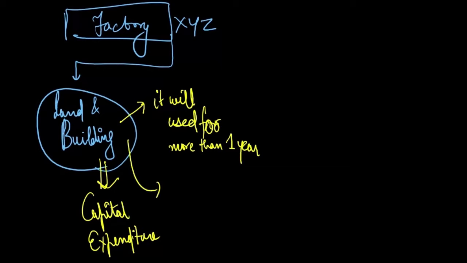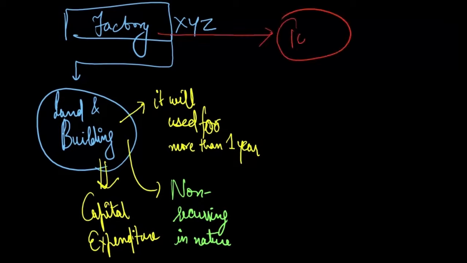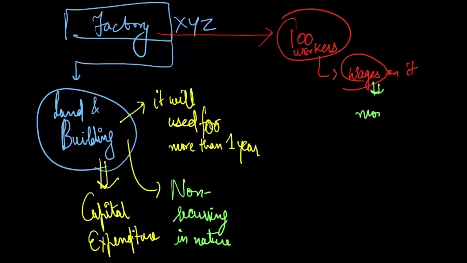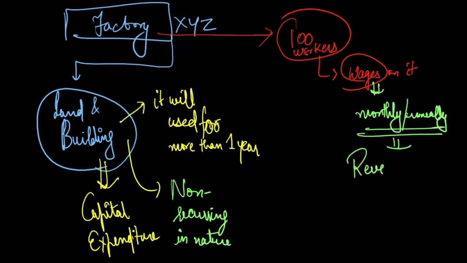It is non-recurring in nature. Suppose it hires around 100 workers. It has to pay wages to them. It will be given on a monthly or annual basis. So it's a revenue expenditure.